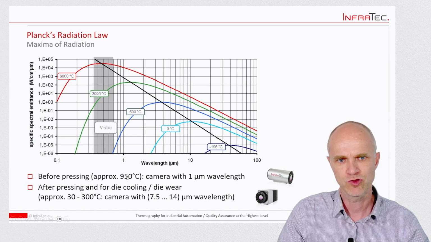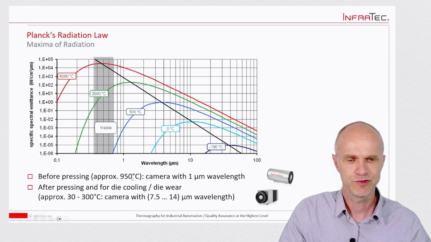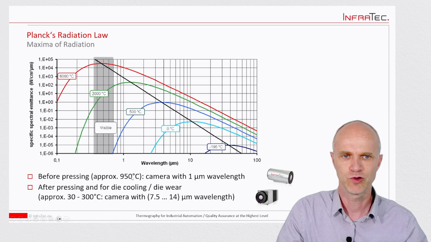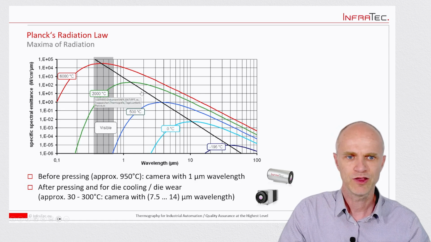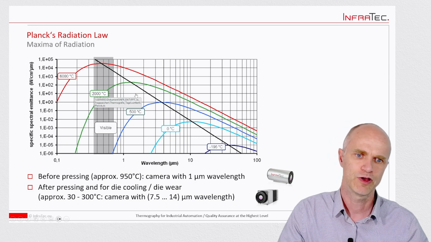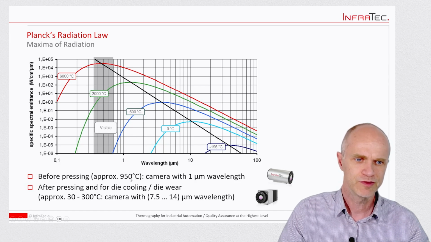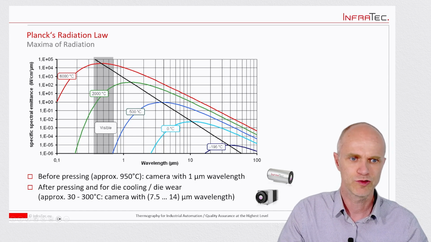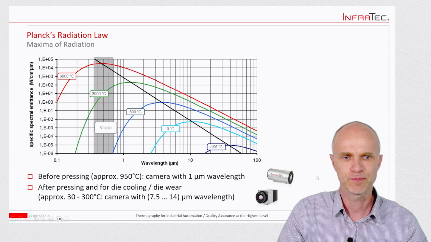For the high temperature, like 950 degrees before pressing after the furnace, it will be in this range. And you see with a 1 micrometer range, you have the highest maximum of radiation you can detect with this camera. For this reason, we measure the high temperature with a 1 micrometer wavelength camera.